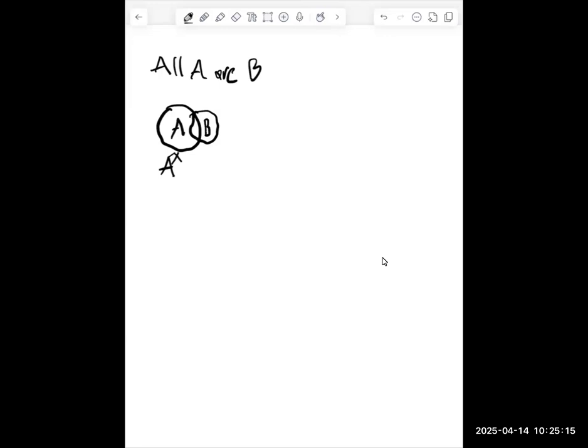There's a lot of the B circle outside the A circle, but there's this space where they overlap. When we say all A are B, what we are saying is there's nothing that can fit into this category of A things that's outside the B circle. Everything in A is going to overlap with B.